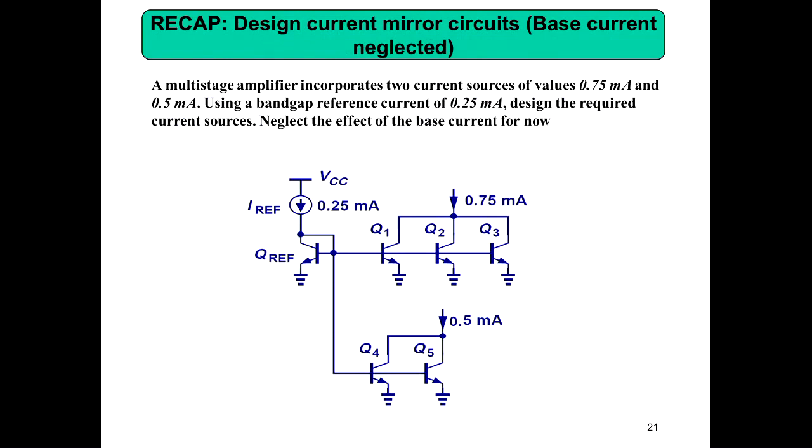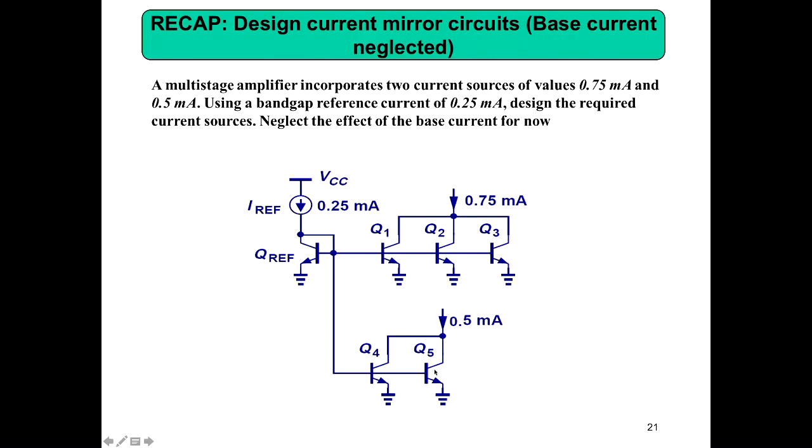So now what we did is we have neglected the base current. When we designed this one, just now we discussed 2 slides before, the first example, we got a band gap reference of 0.25 milliamps, and then you generated 0.75 milliamps, you connected 3 together, and 0.5 milliamps, you connected 2 in parallel.